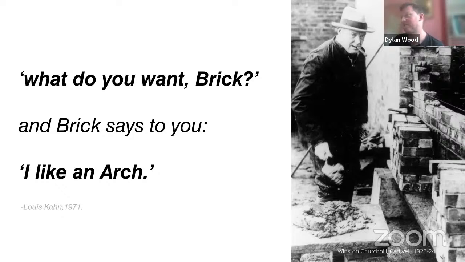So looking at a couple of really well-known examples, like Louis Kahn's conversation with a brick, in which he asks it what it would like to be, and it responds that it would like to be an arch, which makes quite a lot of sense.